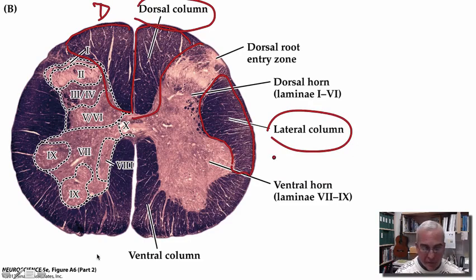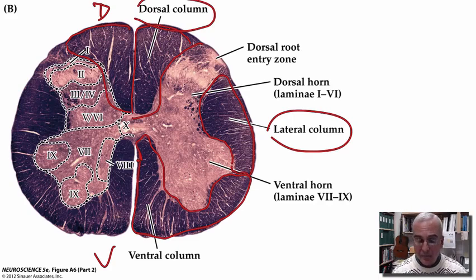And then on the ventral, or the anterior side, we have white matter that we recognize as the ventral, or the anterior column of white matter. Now, in each region of white matter, we're going to find different kinds of sensory or motor pathways. And we'll get into that in quite a bit of detail as we progress over the next couple of weeks. So I won't give you all that detail now, except to just make a few broad statements about how these tracts are organized within this white matter.